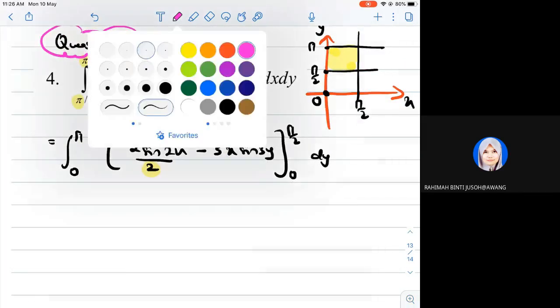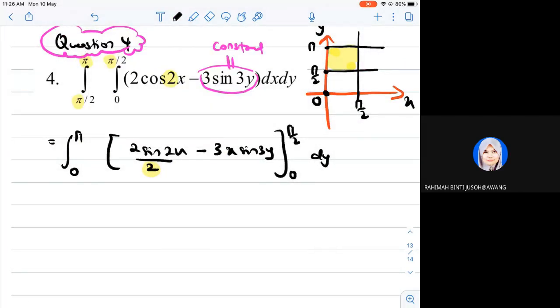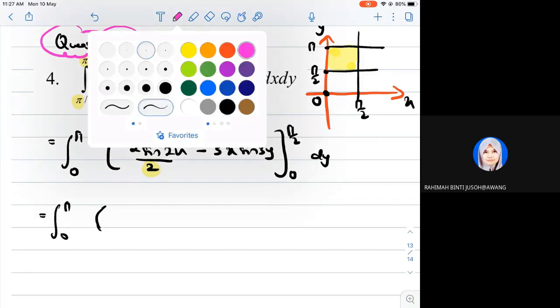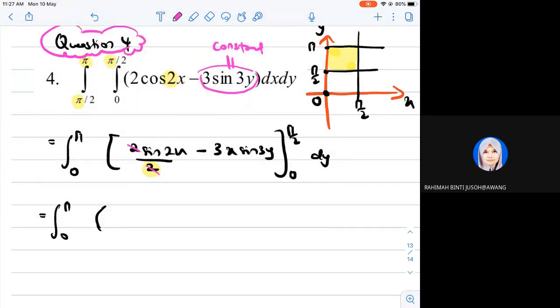Okay, so kita proceed. Gantikan nilai. Sekarang ni ganti nilai x lah, jangan ganti kat y pula, sebab kita integrate ada x dulu mula-mula ni. So gantikan x dengan pi over 2. So we have these two can be cancel. Sin pi over 2 darab 2 jadi sin pi, tolak 3 pi per 2 sin 3y.